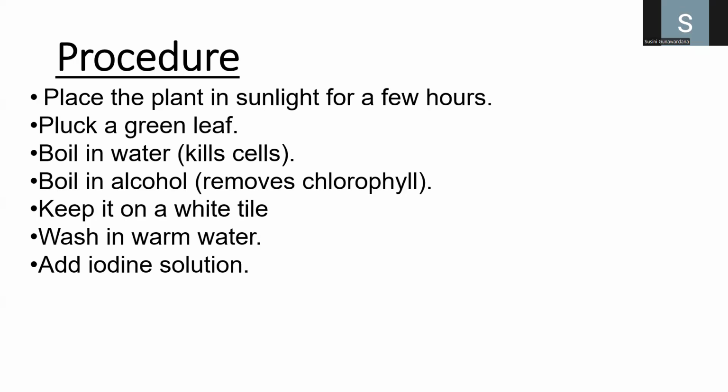Normally, ethanol or alcohol is a colorless solution. When we boil it with a leaf, the leaf turns a pale white, pale yellow-like color, and the colorless alcohol solution turns into green color.